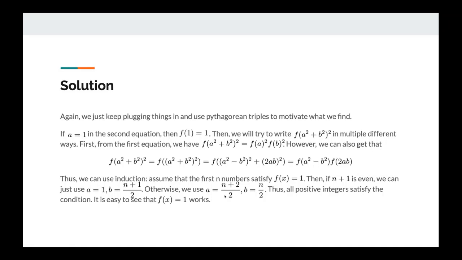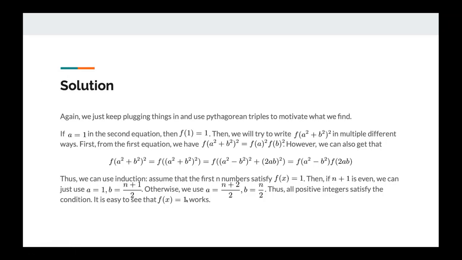And if we use a equals n plus 2 over 2 and b equals n over 2, then we get that f of n plus 1 equals 1. So in all cases, f of n plus 1 is equal to 1. And from induction, that means that all natural numbers from 1 all the way to infinity have f of x equals 1. Thus, f of x equals 1.